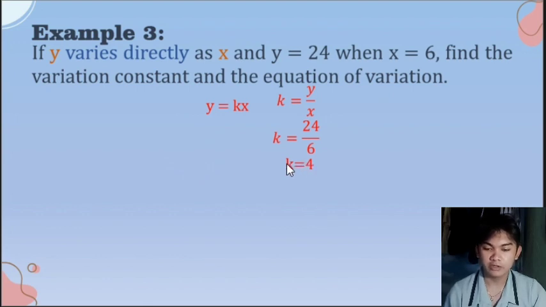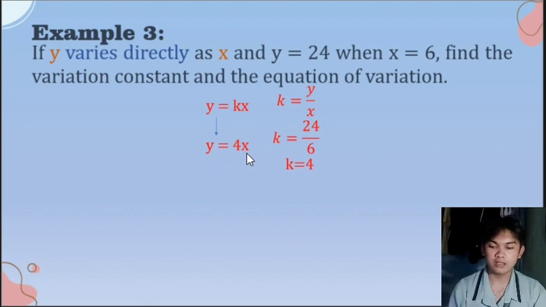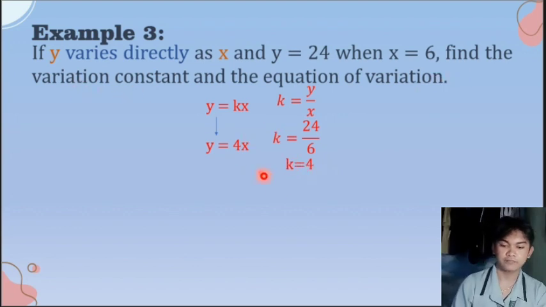Since we already have the constant of variation, we can substitute the k in this equation. So, we will have y is equal to 4x. This one is the equation of variation, and k is equal to 4 is the variation constant.